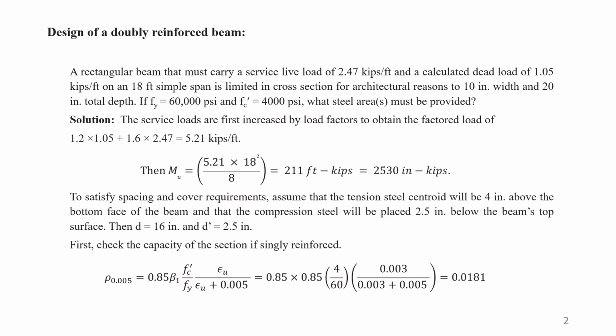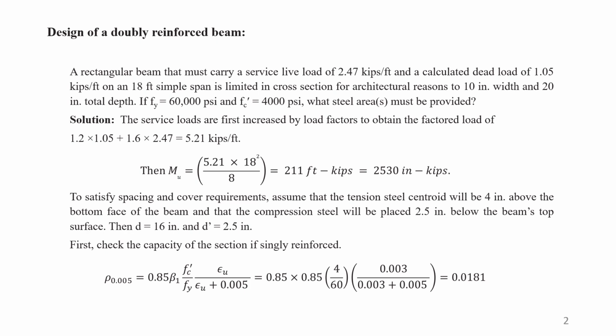And there is another term, D prime. D prime is the term where the negative steel or the compression zone steel is placed. From the center of the compression zone steel to the outside of the beam, there must be some dimension for clear cover, stirrup, and the rod placing.